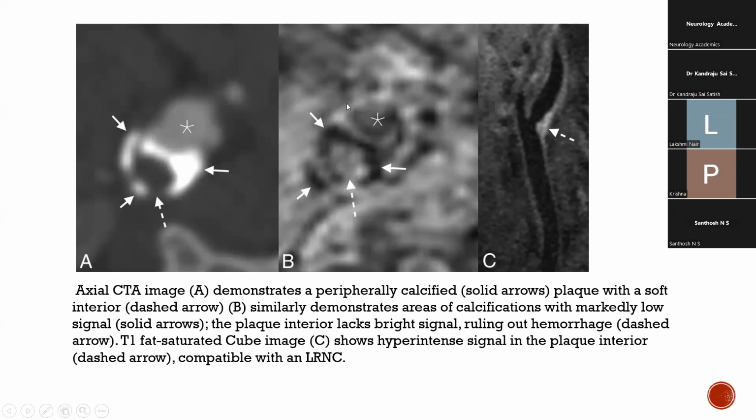In the second image, which is the T1 weighted fat suppressed image, the calcification is T1 hypointense, and there is an isointense signal within the plaque. The third image is the T1 fat saturated CUBE image, which is the MR plaque image. It shows a hyperintense signal in the plaque interior, and that is compatible with the lipid-rich necrotic core.